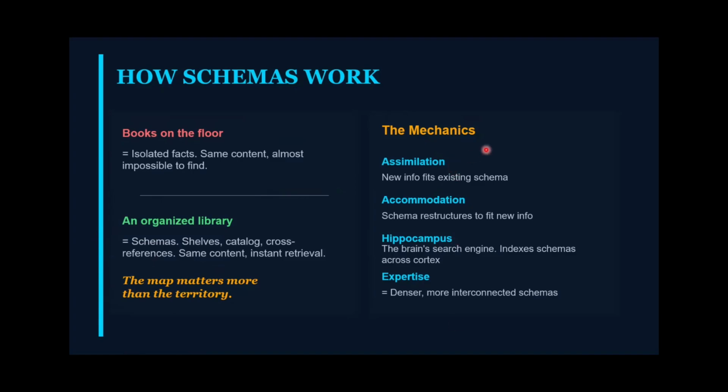Now, the mechanics, the way you think about it, is that you've got assimilation. So new info fits the existing schema, right? You think about assimilation and how biology works and also how organisms work, right? If there's an existing structure, an existing network, an existing community, and you are thrown into that network, that community, you have a choice.